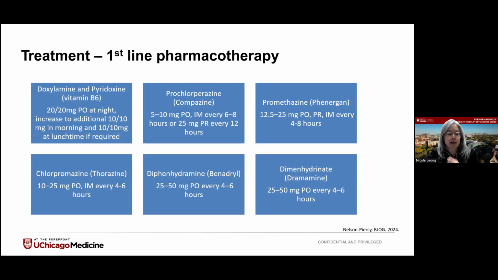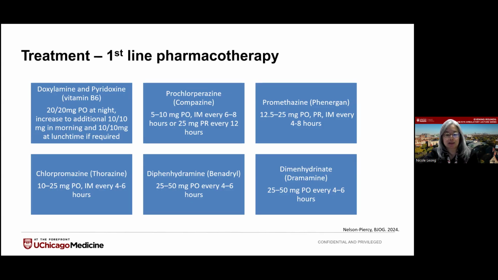Other medications that we can offer are prochlorperazine, which is the brand name Compazine, promethazine or Phenergan, chlorpromazine, which is Thorazine, which we don't use very often. And then diphenhydramine or Benadryl, and then dimenhydrinate or Dramamine.